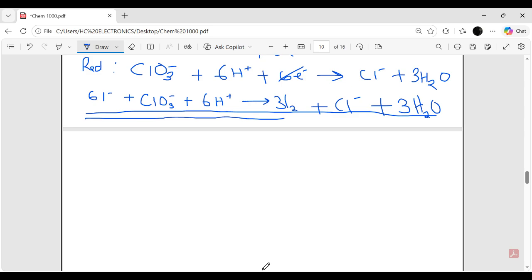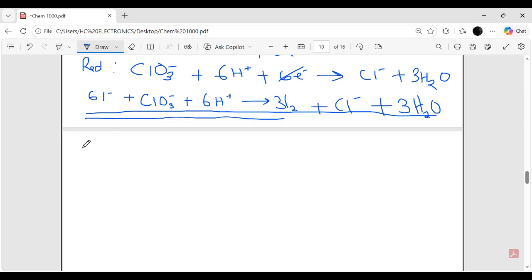Then after finding the final answer, if they say basic medium, we are supposed to add hydroxide ions on both sides, depending on how much hydrogen we have. Looking at this equation, we have 6 iodate, plus chlorate, plus the 6 hydrogen ions. So we are going to add 6 hydroxide ions on both sides.